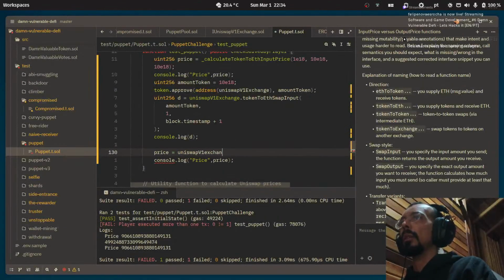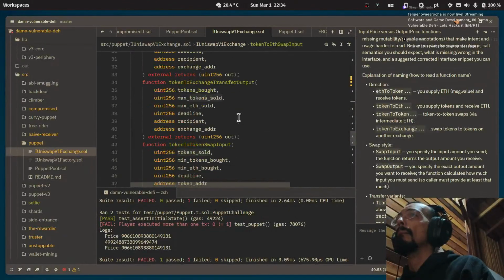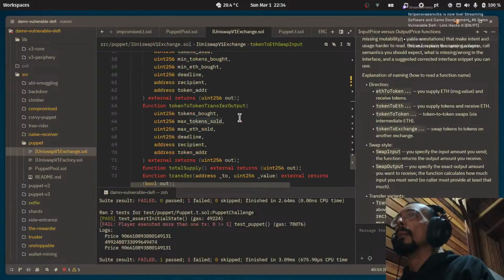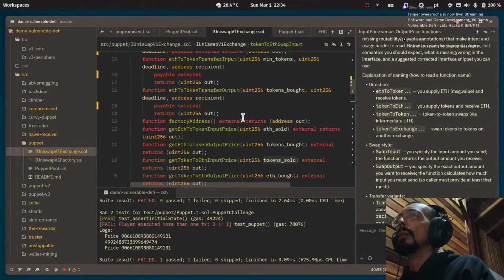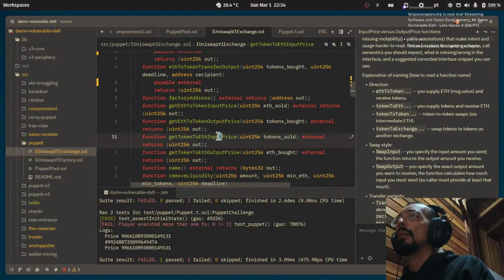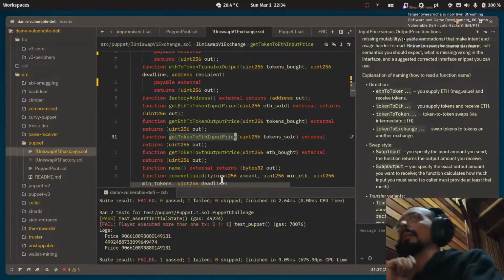I need to type everything out. That should be get token to return input price.